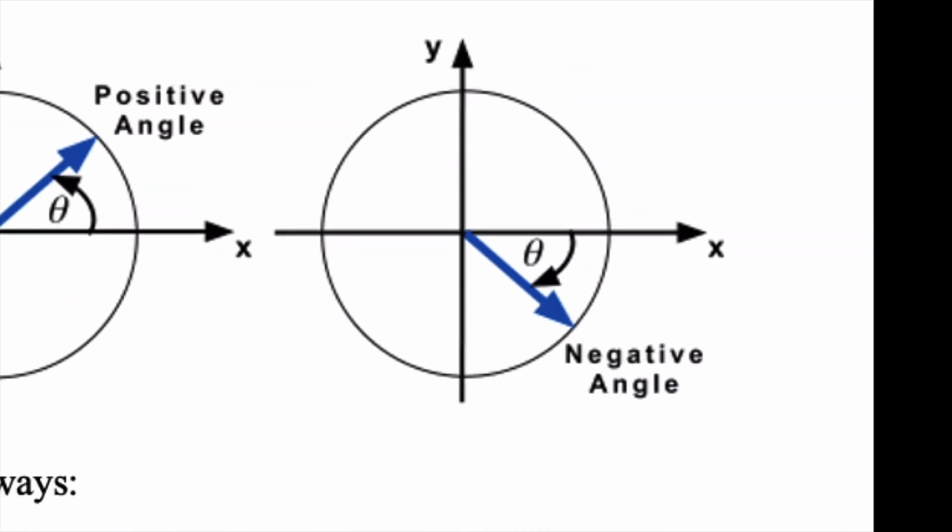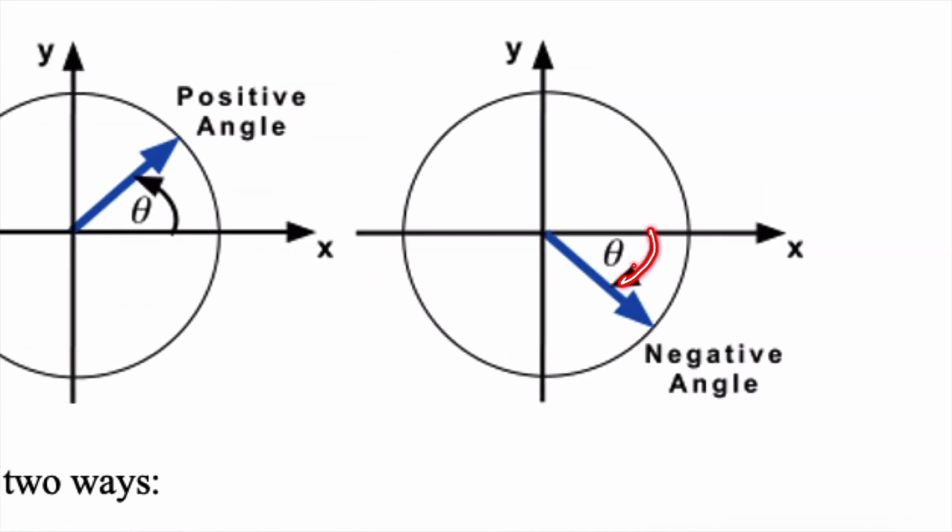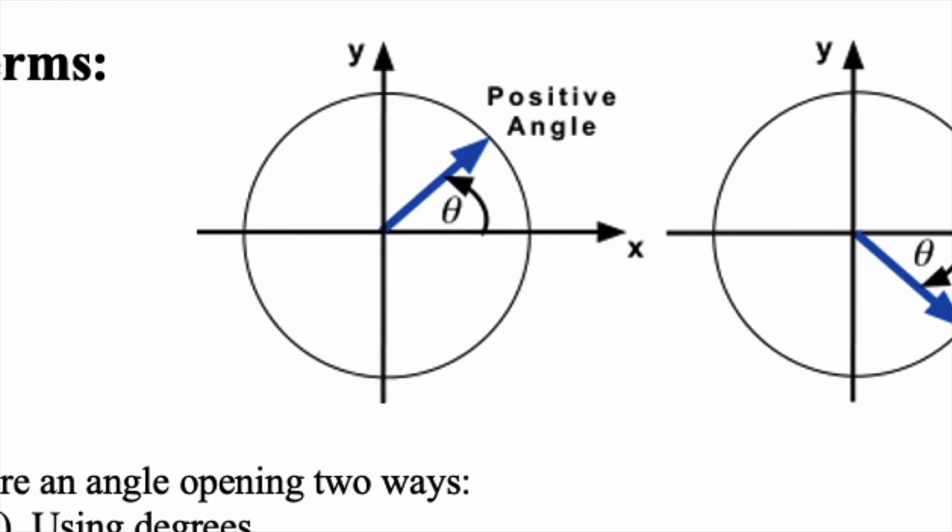If it starts down, it's a negative angle. So what makes a negative angle? It's direction. Which direction did you start? If you started going down and then worked your way around like that, that's a negative angle. If you went the opposite direction, that's a positive angle. That's the only difference.